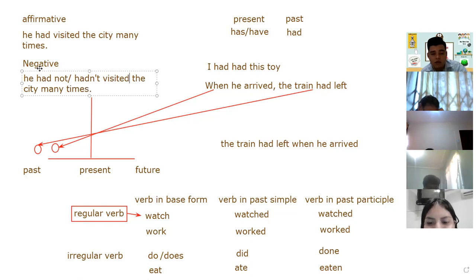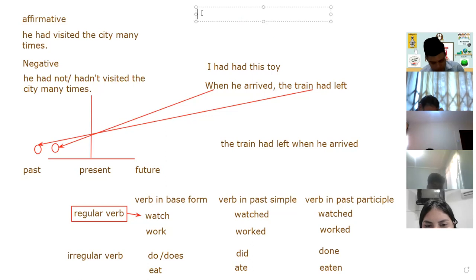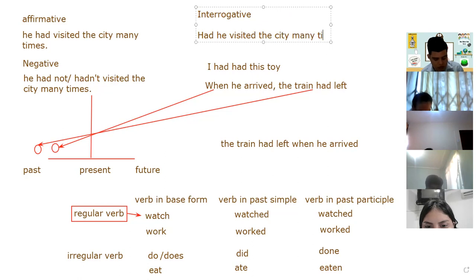Now we have the negative form, but also we have the interrogative. Okay. Interrogative. For example, in interrogative with a yes/no question, we use had, he visited the city many times, and the question mark finally.